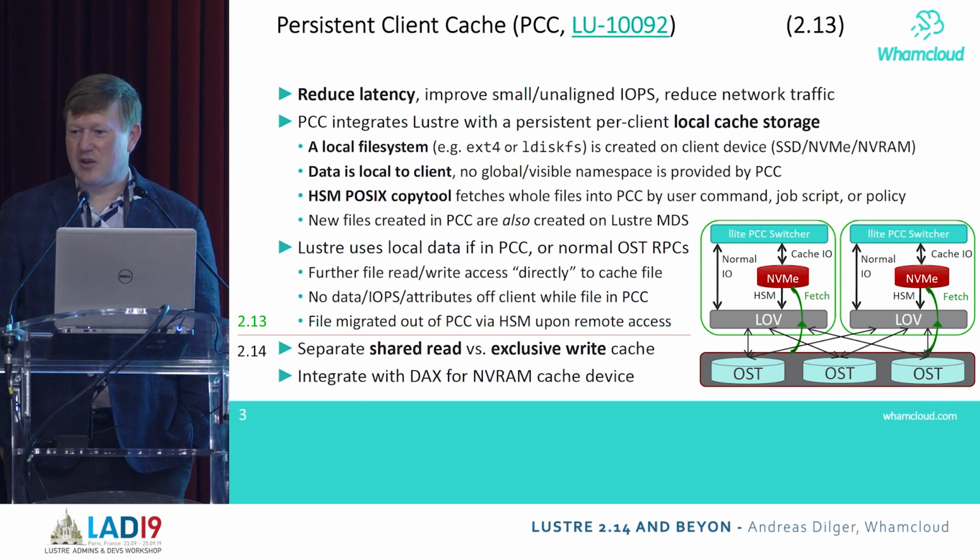And rather than using HSM to stage data out to an external tape archive, it's actually using HSM to stage data into the local NVMe device on the client. And while it's in the NVMe device, it's released from the Lustre namespace, so the NVMe device has the local copy, and then the application running on the compute node can make any kind of changes that it wants.